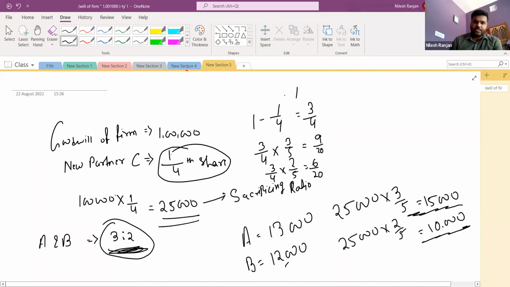Now this is the first case where goodwill is brought by the new partner and we have to distribute it between partners.